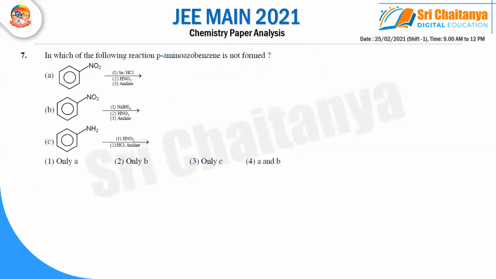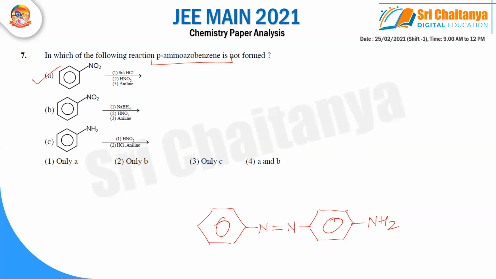Next, we have a question where we are going to obtain p-amino azobenzene. So what is this p-amino azobenzene? Let me make this compound here. So this is what they are looking for. In the first option A, you see Stephen's reduction. This particular reagent is going to reduce this NO2 group into NH2.